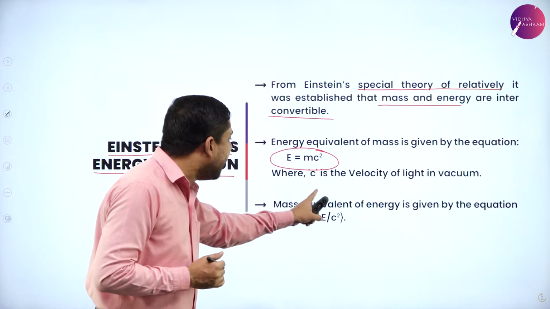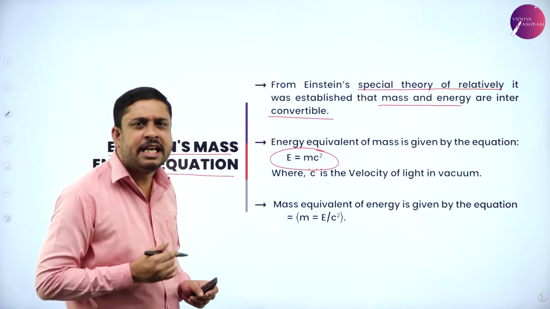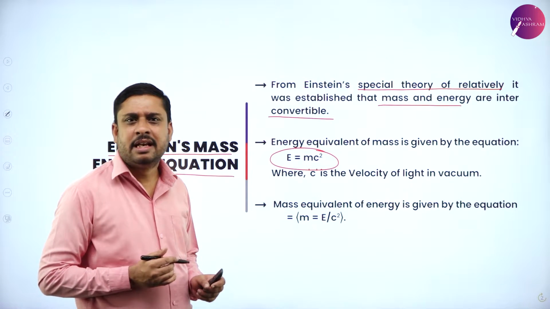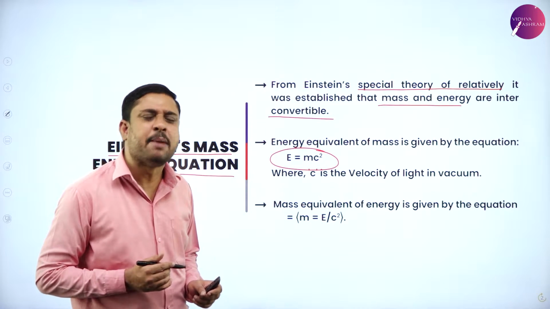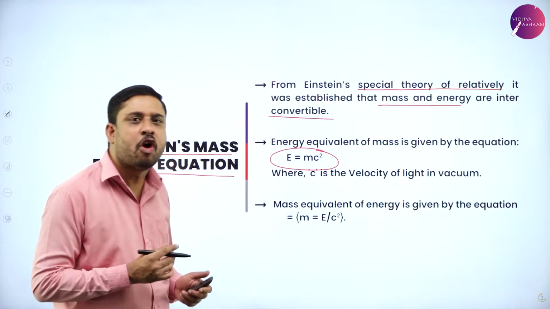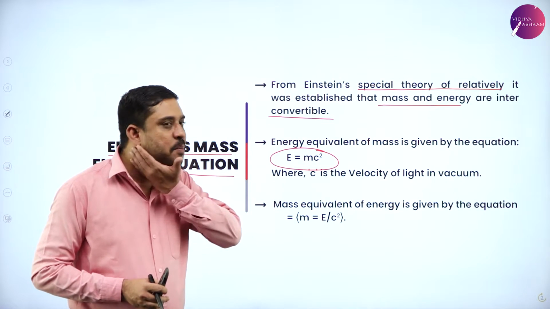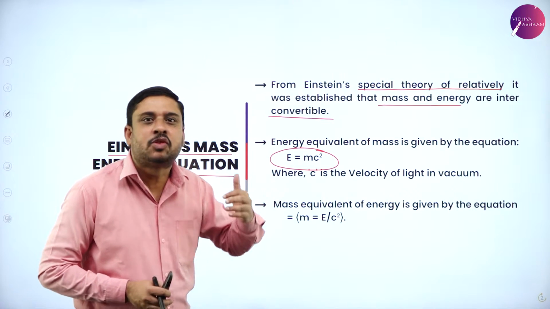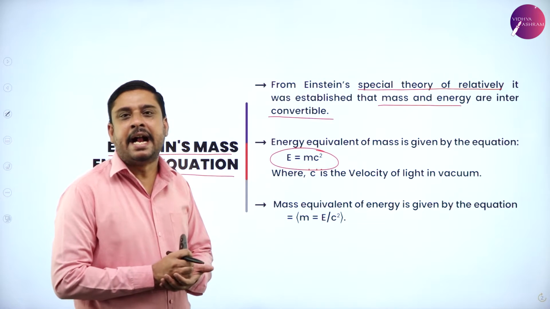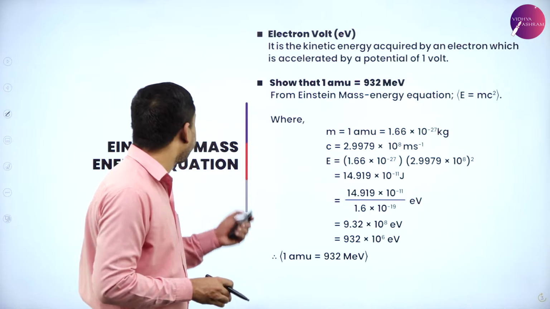So mass in terms of energy. So very clearly we understand they are not two separate entities. Through special theory of relativity, I can express mass in terms of energy and energy in terms of mass.